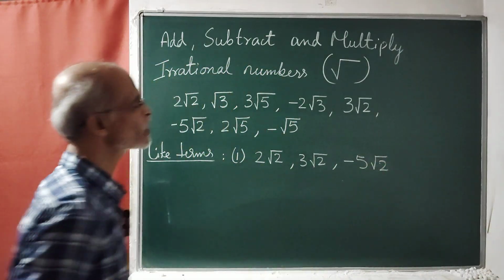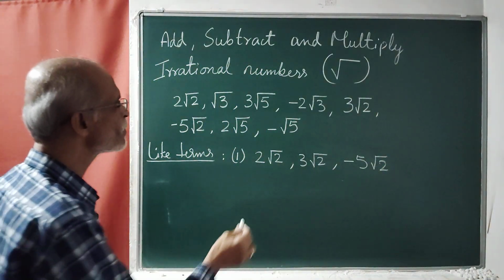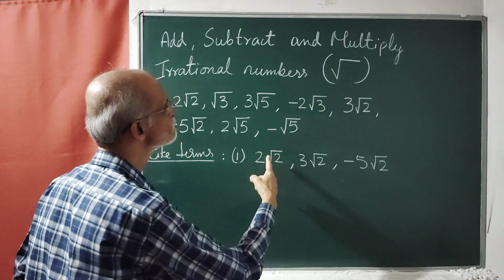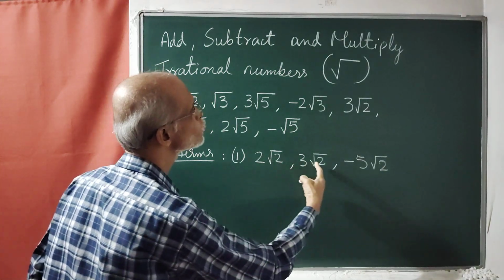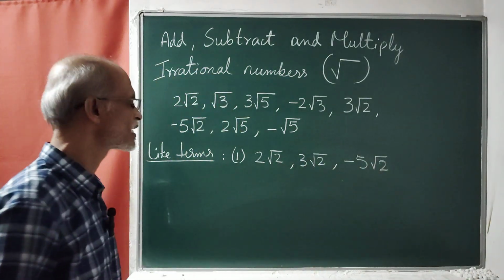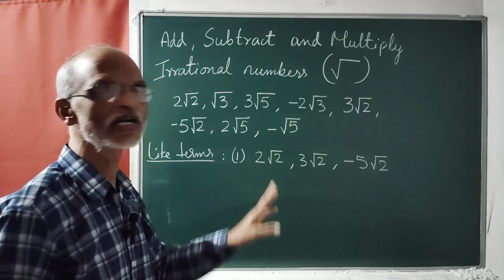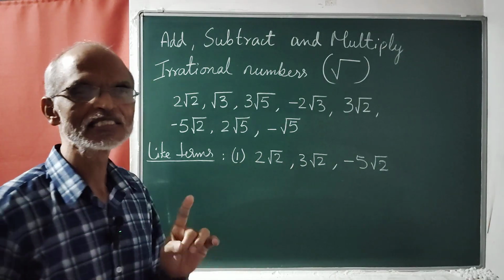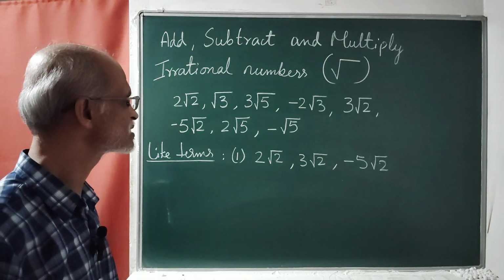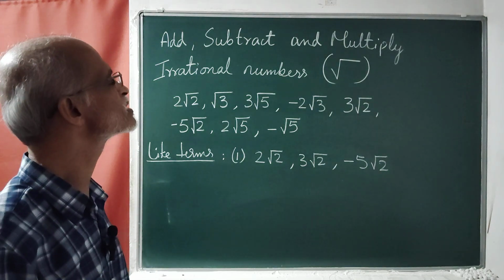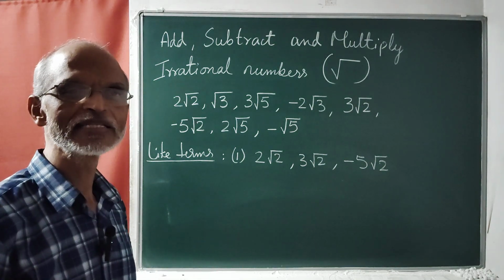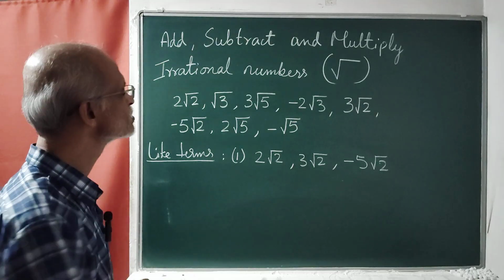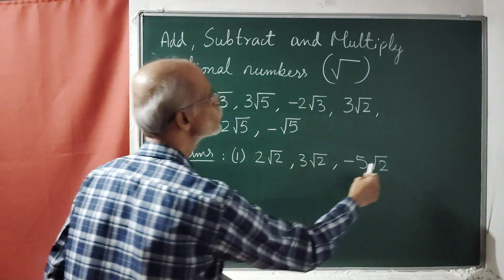These three are like terms. Why? Because the number under the root is the same: root 2, root 2, root 2. The numbers outside may be different, don't bother. Signs may be different, don't bother. Just look at the numbers inside the root. If the numbers inside the root are same, they are called like terms.